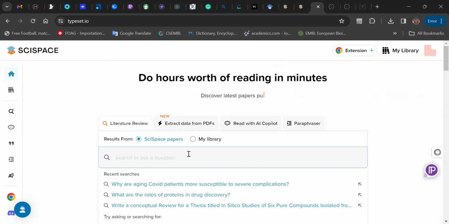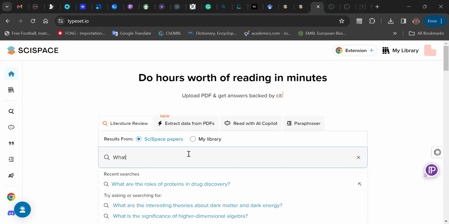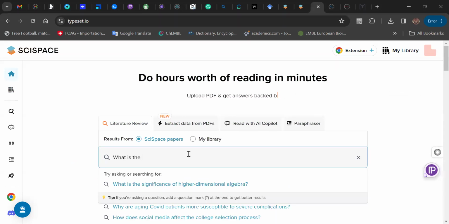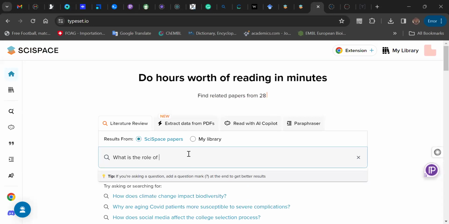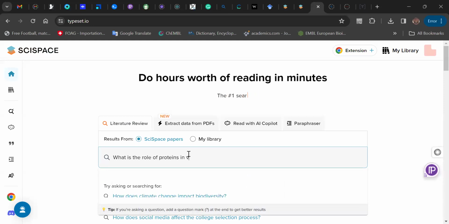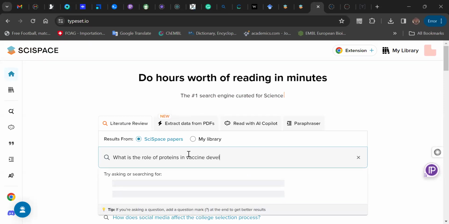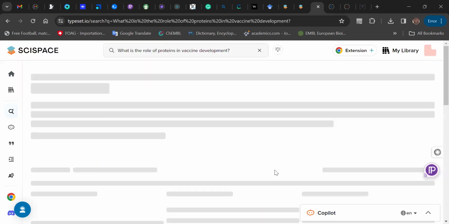For instance, what was the question we asked earlier? What is the role of proteins in vaccine development? We can add Scispace too.